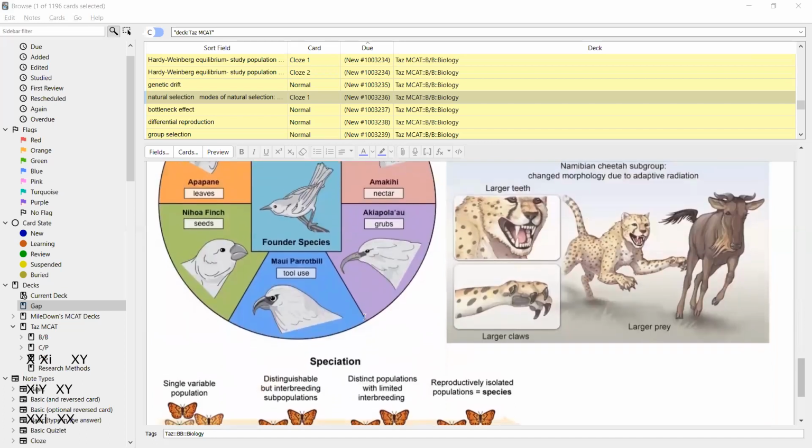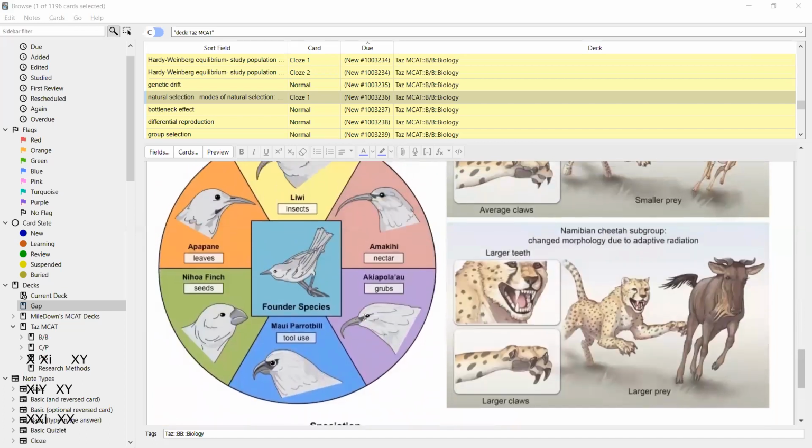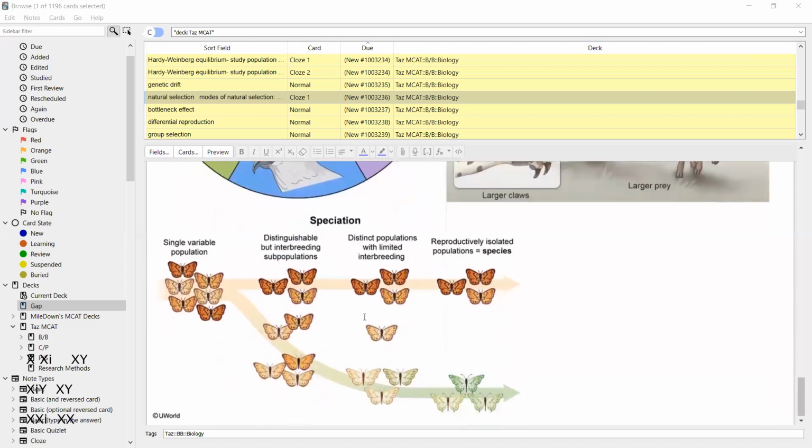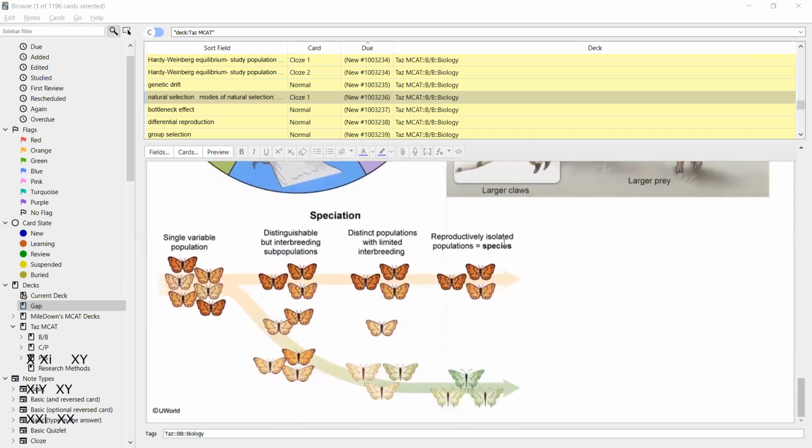What is speciation? What is a species exactly, right? Like, what separates us from monkeys? What separates us from lions and stuff, right? The difference is that species cannot reproduce. They are reproductively isolated populations.